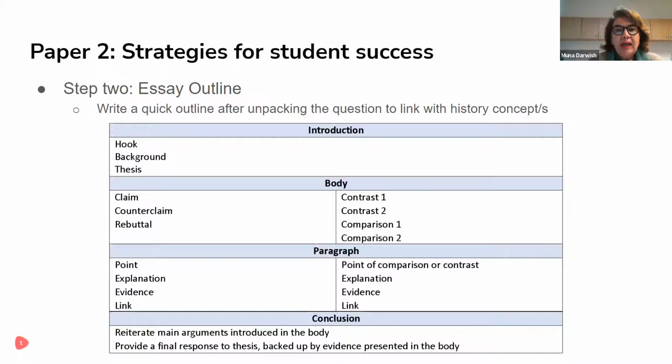And then in the conclusion, we wrap up what we have said, and we provide a final response to the thesis backed by the evidence. For example, choosing to write about two authoritarian leaders reflects the extensive reliance on force, use of intimidation, coercion, propaganda, brainwashing, control of the media, control of the educational system, and so on and so forth.